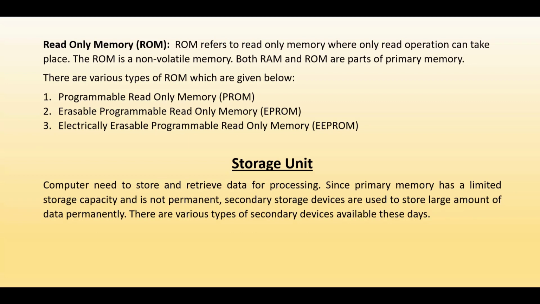Both RAM and ROM are parts of primary memory. It is an important point. There are various types of ROM: programmable read-only memory, that means PROM; EPROM, erasable programmable read-only memory; and EEPROM, electrically erasable programmable read-only memory. This is your memory part.